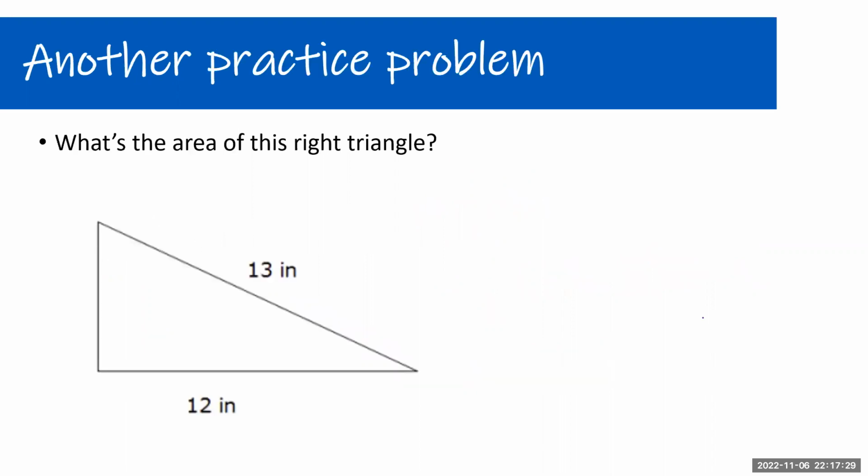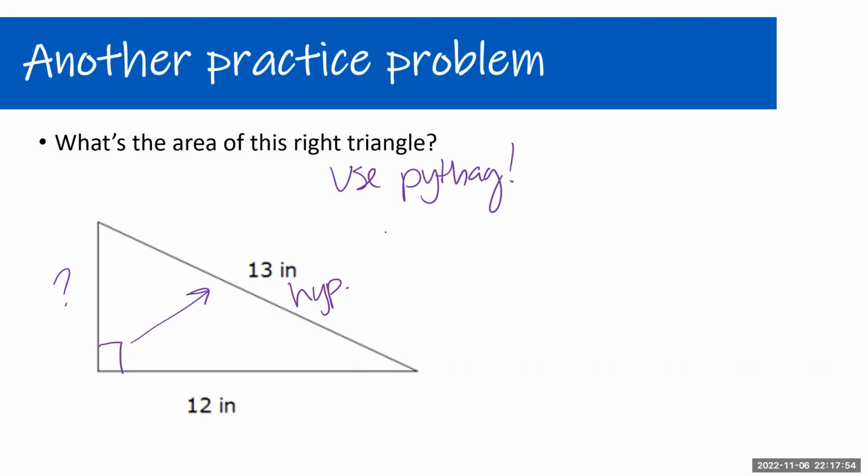Now, pause here and make sure that you can work this out. What's the area of this right triangle? Well, we know this is our right angle. This is our hypotenuse. We don't want the hypotenuse. We need to know what this is for our height. We're going to use our Pythagorean theorem. Okay?